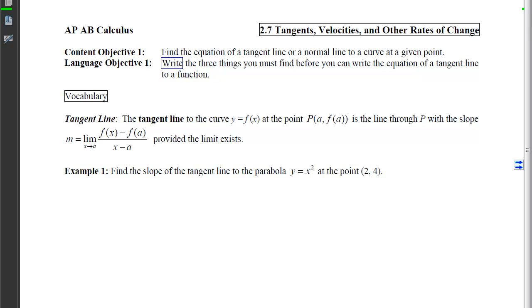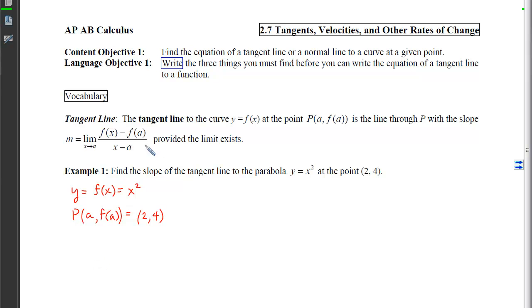If we look now at example 1, we want to find the slope of the tangent line to the parabola y equals x squared at the point (2, 4). What we've just done is say that y, which is f of x, is the same as x squared, and we have the point P, (a, f of a), which is (2, 4).